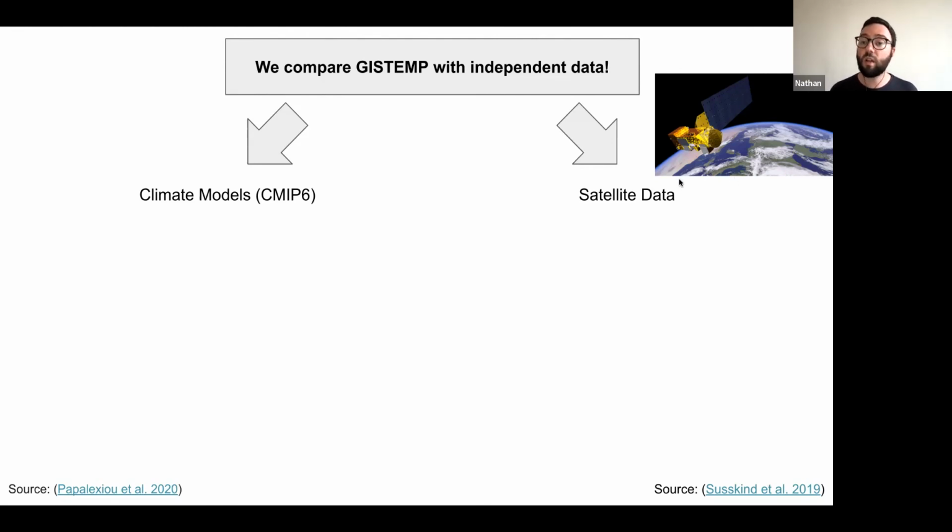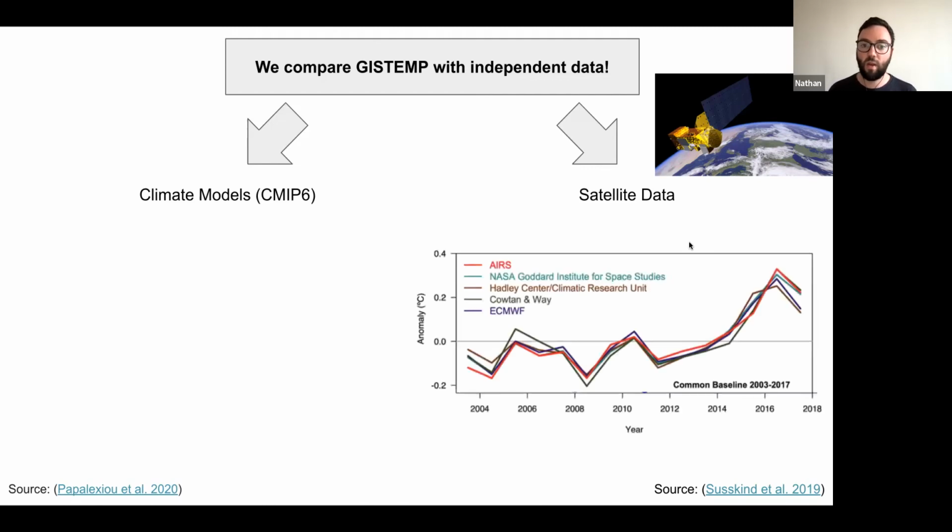And so critically, this is a completely independent calculation of the Earth's temperature from any of the data used in the calculations I've been showing you thus far. And so what was really neat in a 2019 paper is that they calculated the surface temperature over the past 20 years according to the satellite and compared it with GISS temp, as shown in the teal curve.